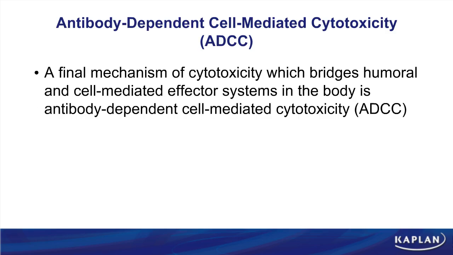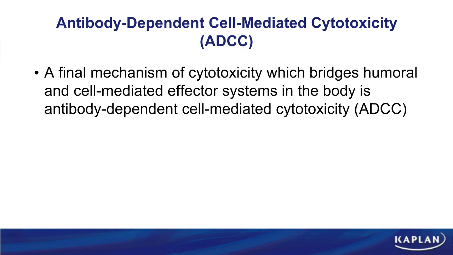So as we said earlier, when we were talking about the innate immune system and the adaptive immune system working together, antibody-dependent cellular cytotoxicity is really the perfect example of this, because it's a cell-mediated immunity, but it sort of bridges innate immunity from natural killer cells with adaptive immunity because we're actually using antibodies.